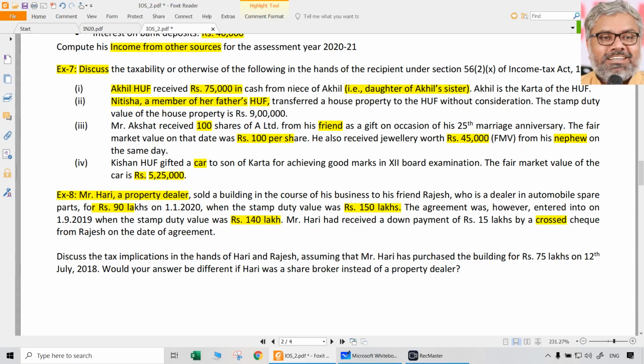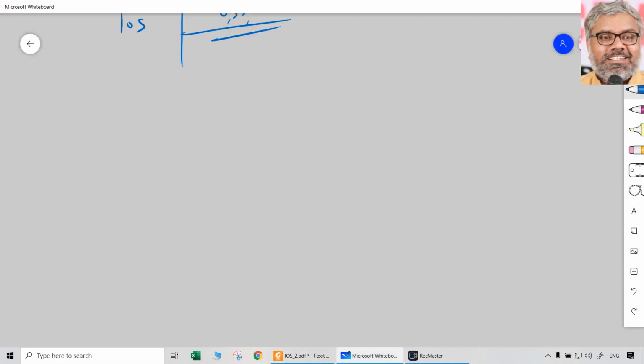Does it make sense? Why? Because a crossed cheque is not enough. Bearer cheque, crossed cheque not enough. What the law uses is only account payee cheque, which means this is as good as not a banking channel, which means the stamp duty valuation on the date of agreement cannot be taken for our computation purposes. We have to take only the stamp duty valuation on the date of registration.